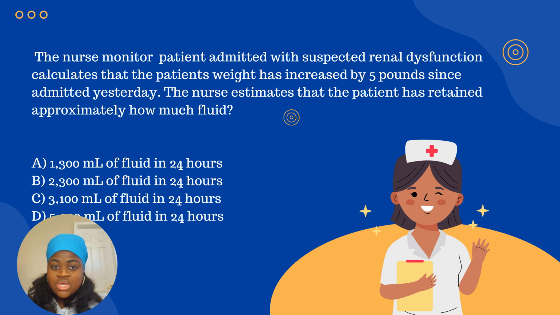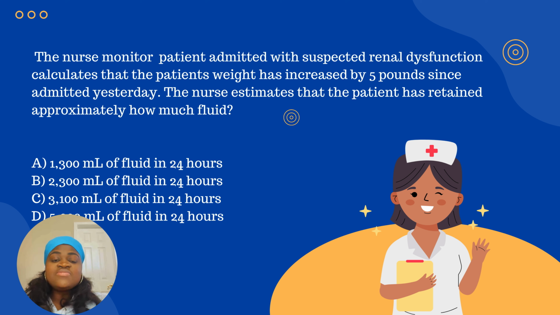First thing we need to know is 1000 ml is equal to 1 kilogram. And the next we need to know is that when we're trying to convert from pounds to kilograms, we're dividing by 2.5.